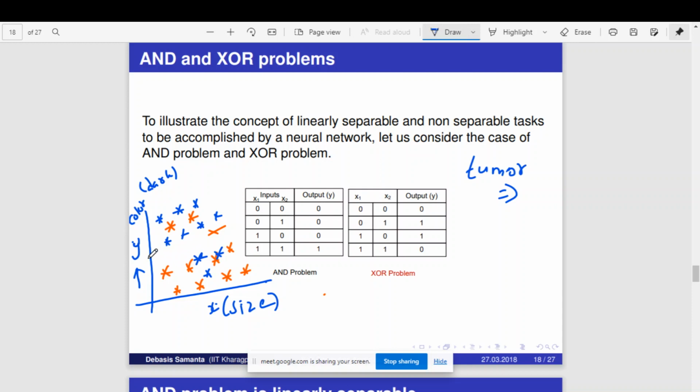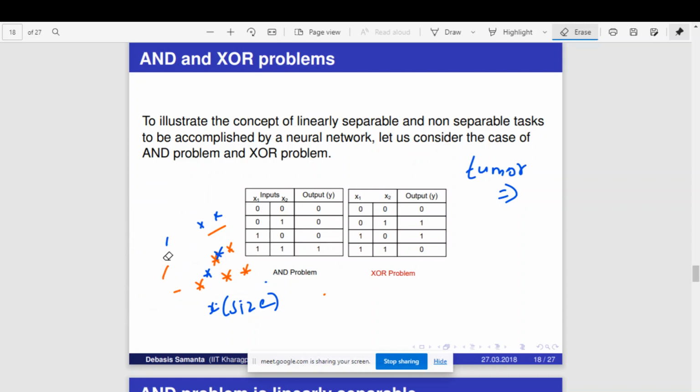So now we want a different function to separate this. The point is, if the data points are linearly separable, then it can be solved by using a single layer feed forward neural network. If the data points are not linearly separable, then we should go for either a multi-layer feed forward neural network or a recurrent neural network. So this is the whole idea.